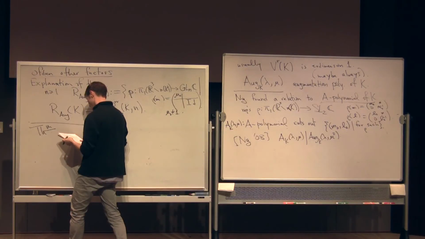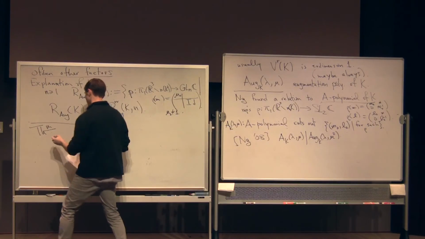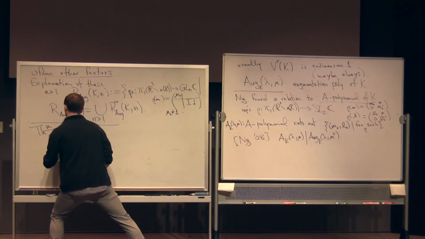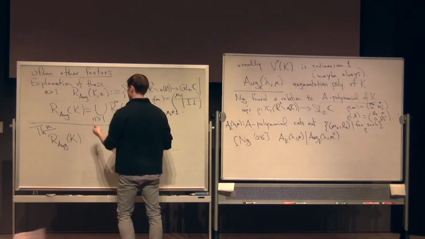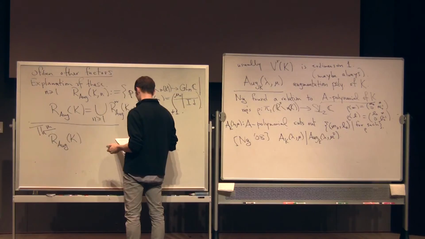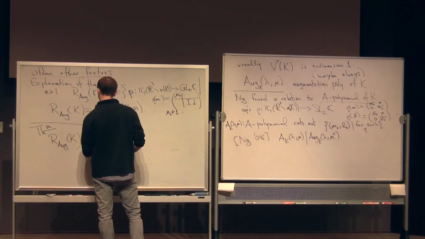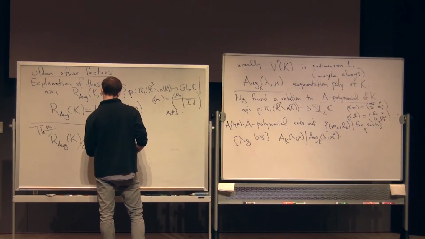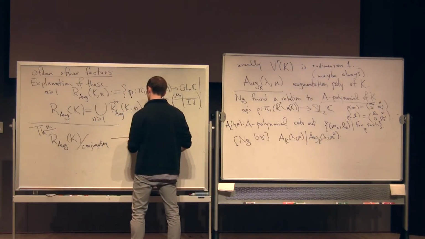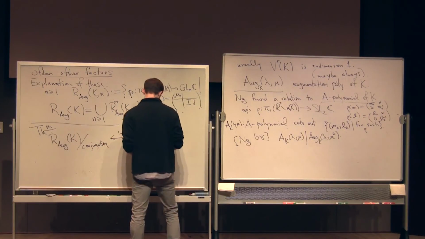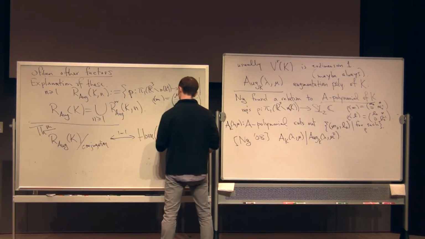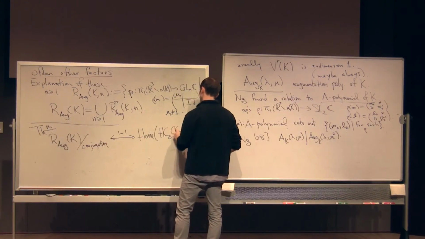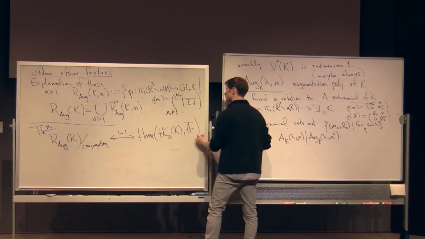And I'll write something that in the end ends up implying that this set of all such representations modulo conjugation is in one-to-one correspondence with augmentations of the knot contact homology, Hom of HC0 to F.